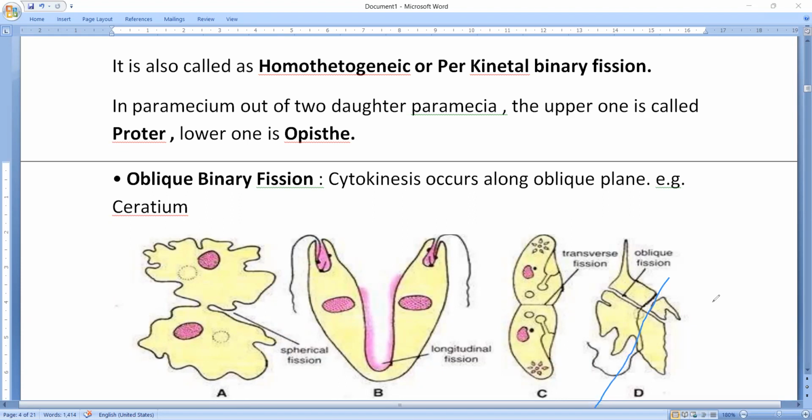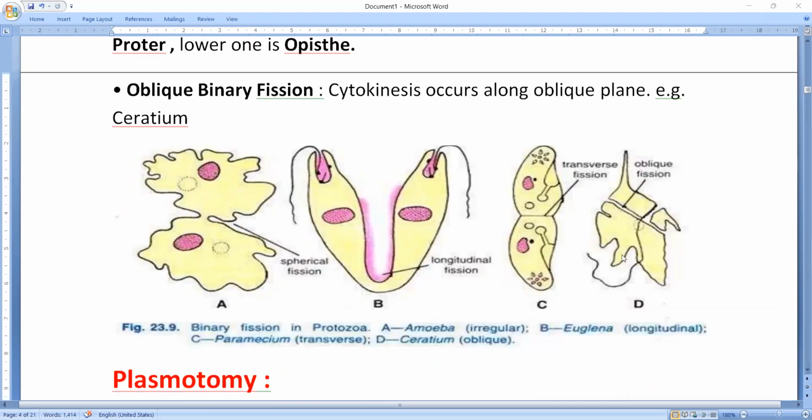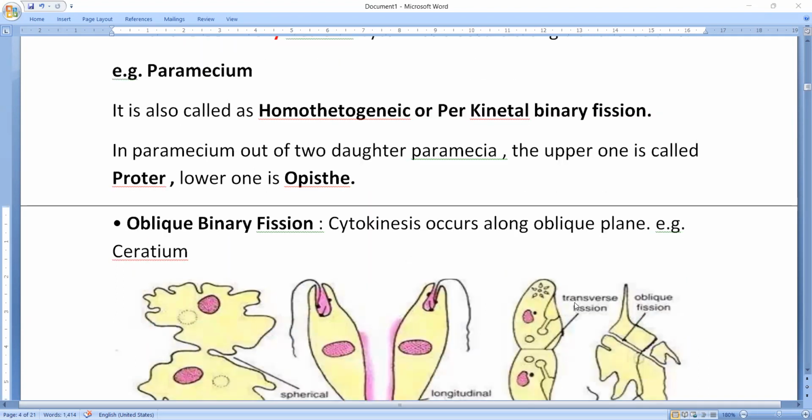Okay, so this is a famous example: Ceratium, in which the binary fission occurs in an oblique plane. So these are the different kinds of binary fissions that occur in protozoa.